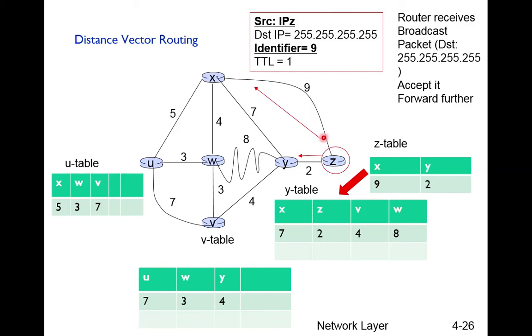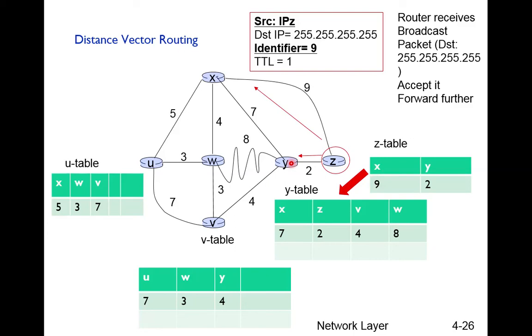So Y will check whether this is a shorter path or not. Y will compute that if it wants to reach X through Z, then from Y to Z it is 2 and from Z to X it is 9. So 2 plus 9 is 11.